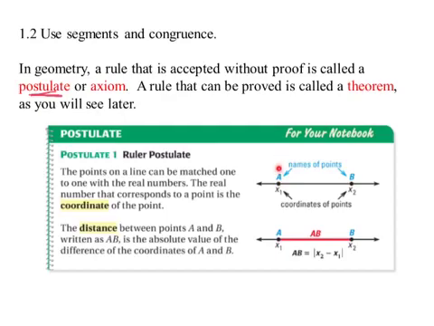So the real numbers are the points on your ruler, or the real numbers are the numbers on a coordinate plane. So you can actually measure the length of this line.